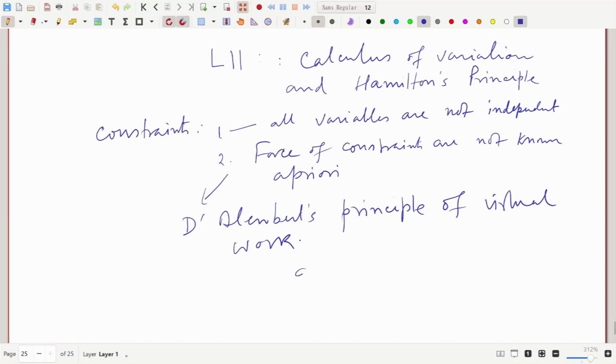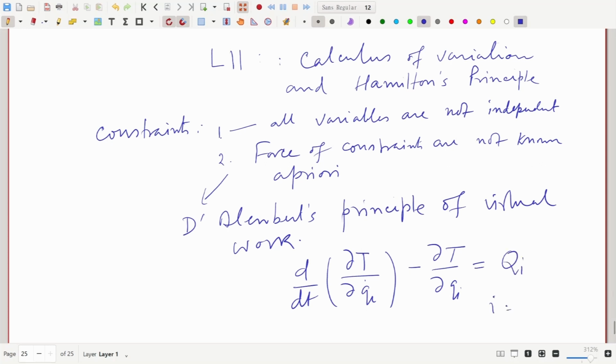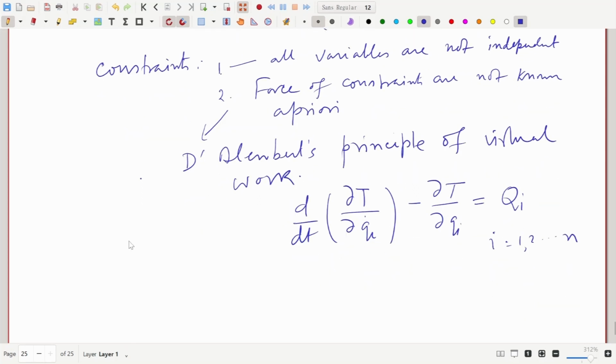That equation was d/dt of ∂T/∂q̇_i minus ∂T/∂q_i equal to Q_i, for i equal to 1 to n, the number of degrees of freedom in the system. And these q's are independent variables. Now T is the total kinetic energy of the system.